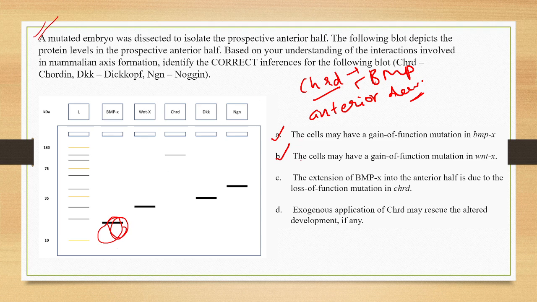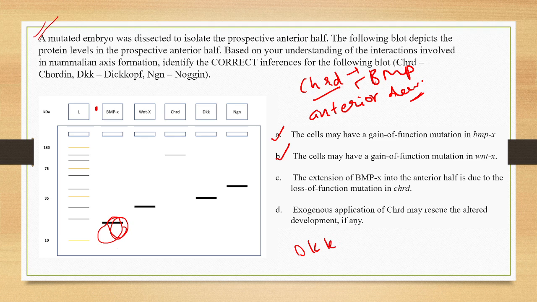Second is, the cells may have a gain of function mutation in the Wnt-X. Now, Wnt, DKK, in a normal case, what should happen?